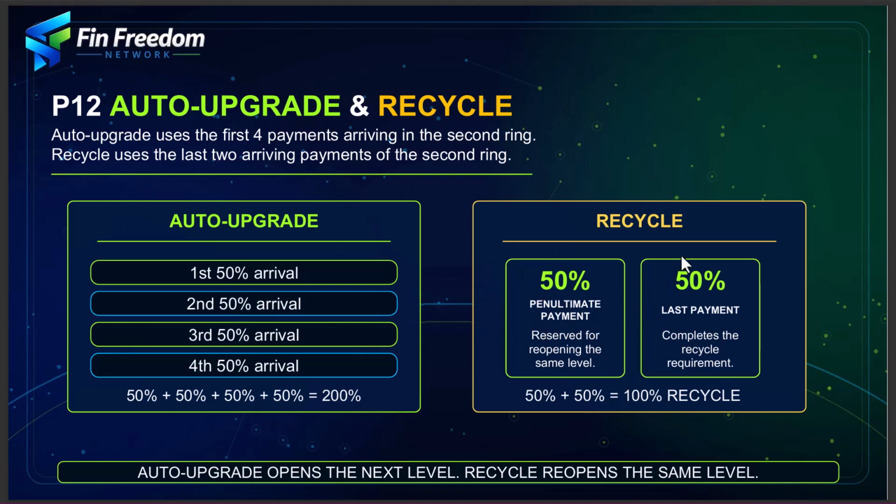So if this is level 1, no, of course, level 1 doesn't have P12 position. This is level 2, for instance. It means that 50% of 20, 50% of 20 will be reserved to automatically recycle your level. Do you understand? That is how P12 auto upgrade and recycle works.